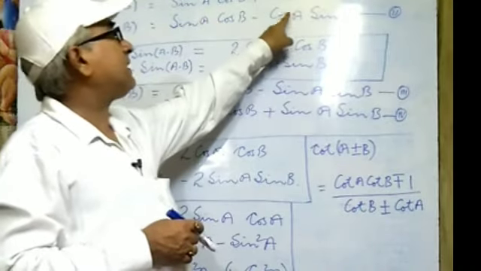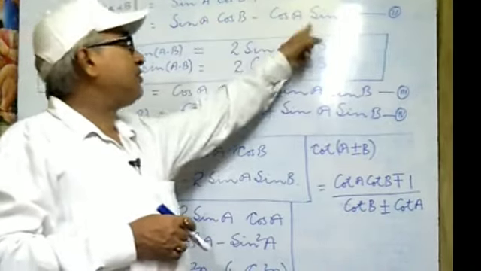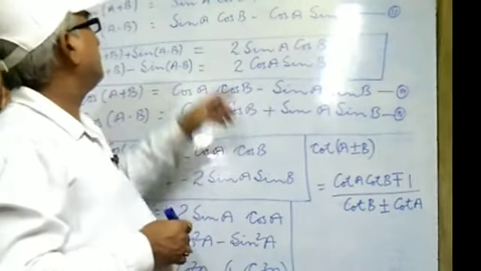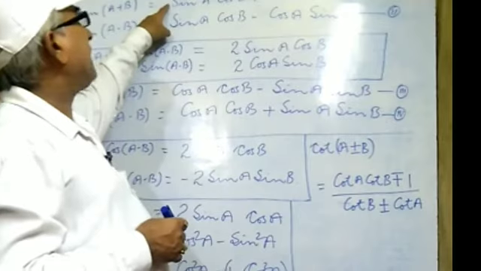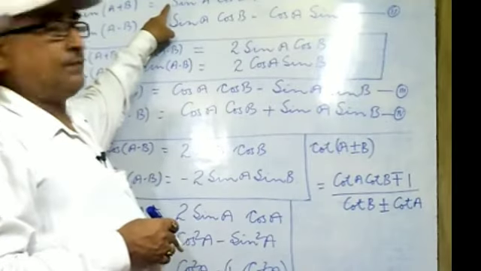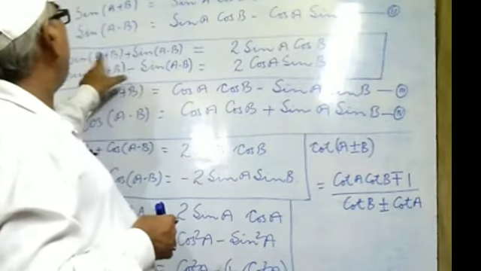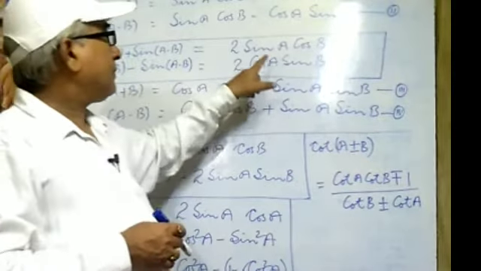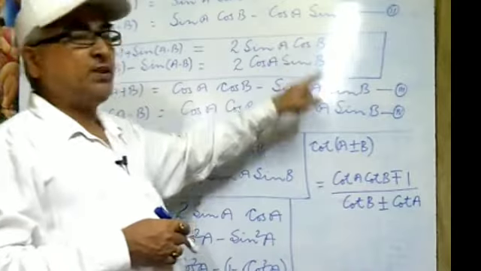Same thing plus and same thing minus will be cancelled. Only 2 times sin A cos B remains. It means sin(A plus B) plus sin(A minus B) equals 2 sin A cos B.